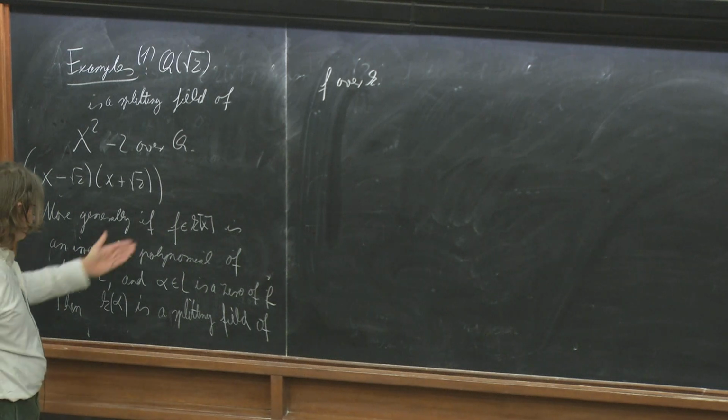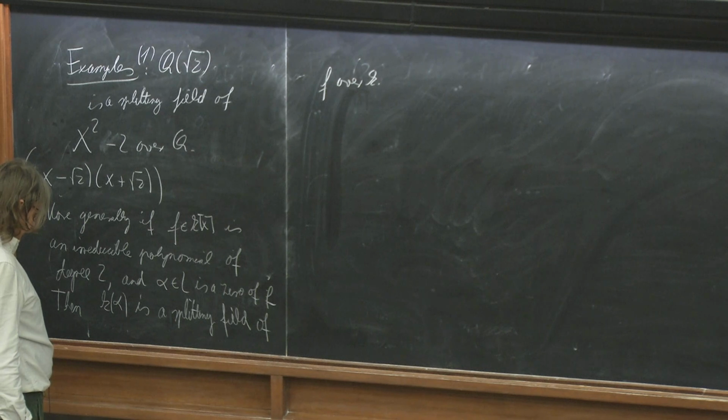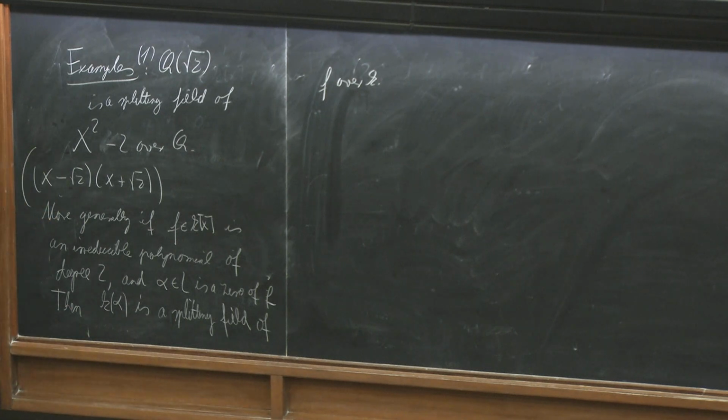And so this polynomial f splits over K(alpha) into linear factors, and it cannot split over an intermediate field because the only smaller intermediate field is K itself, and alpha cannot be in K because otherwise f would have a linear factor.